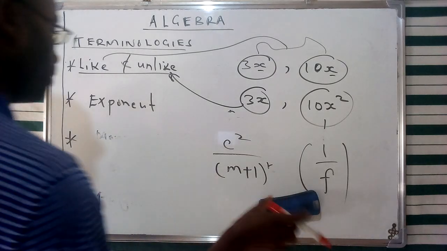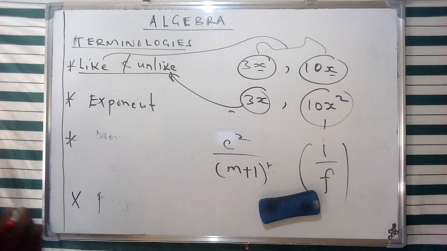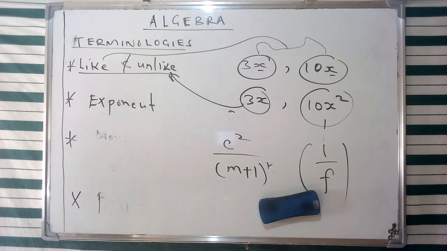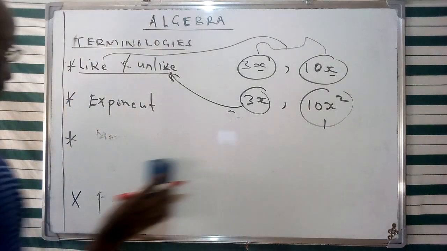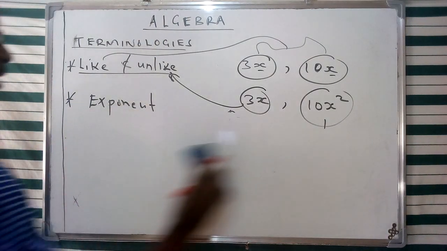And then lastly, apart from the monomial, binomial, polynomial, and algebraic fractions, we can look at some of the signs and symbols employed in dealing with algebra.